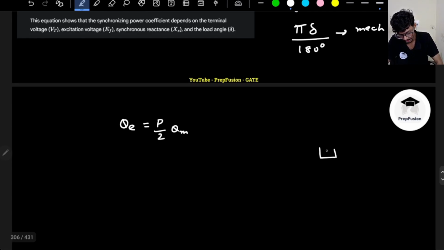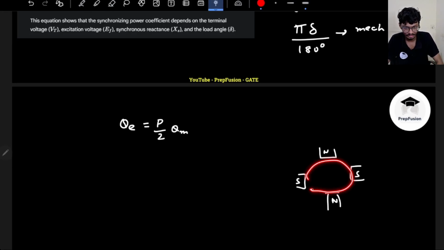How can you remember this? Let's say I have a 4-pole machine. Poles will always alternate north, south. In a whole 360-degree rotation, how many electrical cycles are there? From north to south there is 180 degrees. If I mechanically rotate 360 degrees, how many north-south poles do I have? 1, 2, 3, 4.